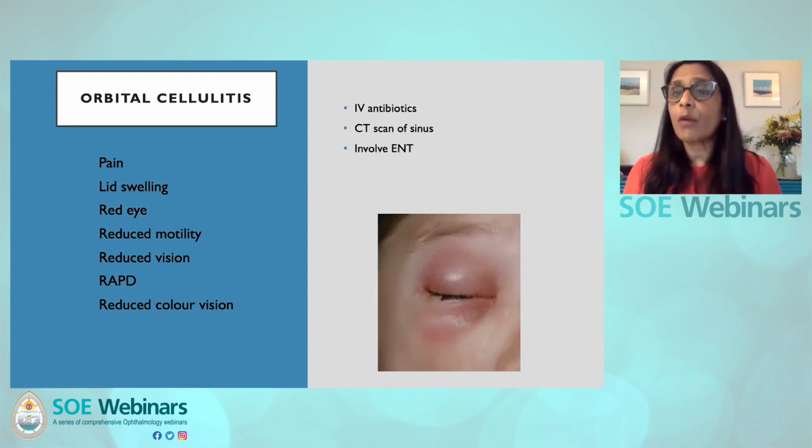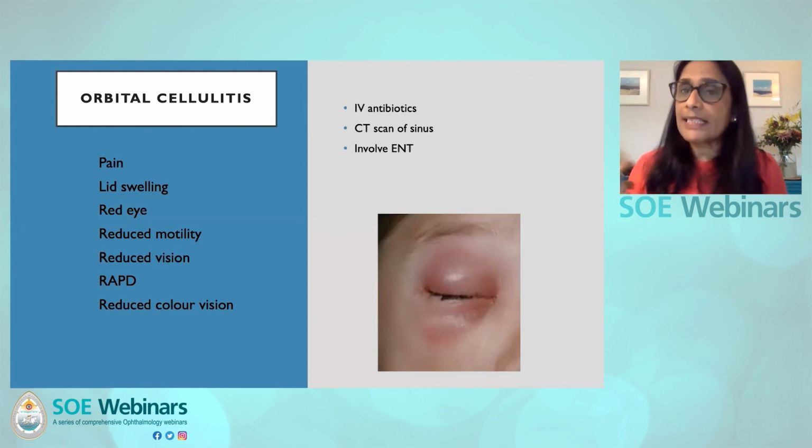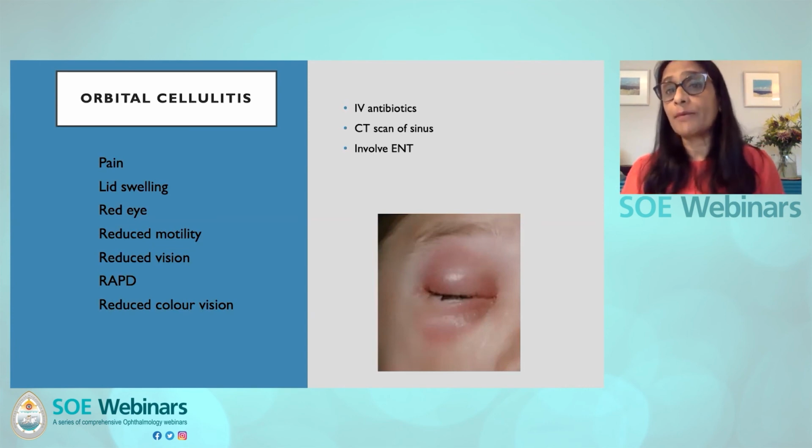These patients require CT scans of their sinuses. And you need to involve the multidisciplinary teams, such as the ENT team, and if it's a child, then the pediatric team, because it requires a multidisciplinary approach to treat the patient.